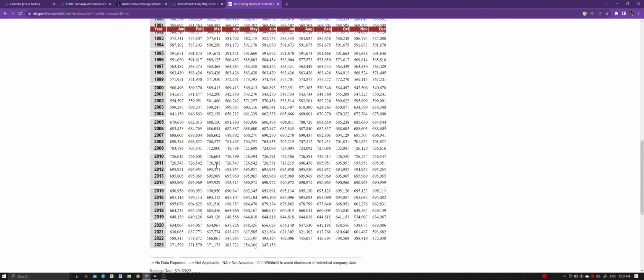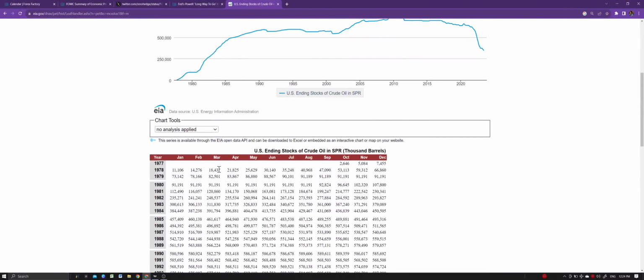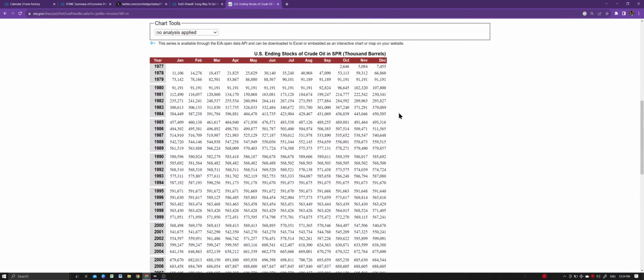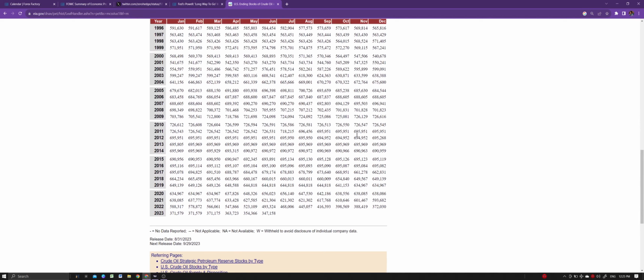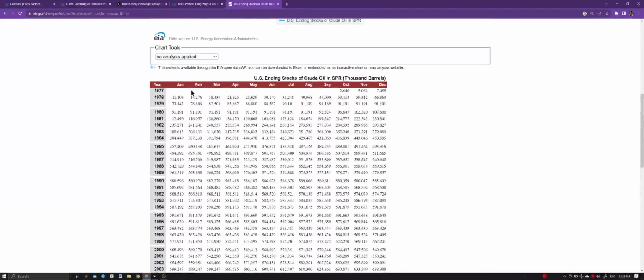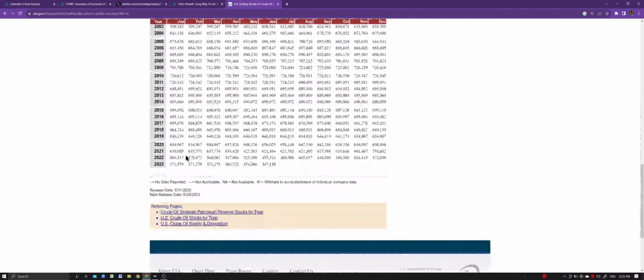And if you actually look at the SPR, the Strategic Petroleum Reserve, their stock, right? This is public information, you can look this up. So if you look at 2022, look at the number. This is from every month, right? Jan, Feb, right, to December. Look at the numbers. It has been dropping, right?